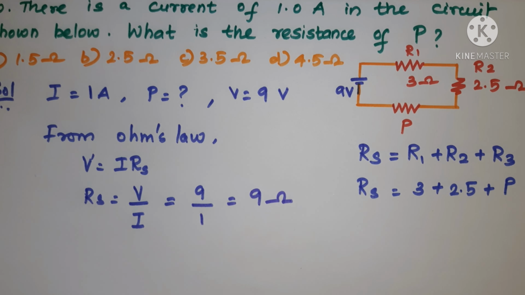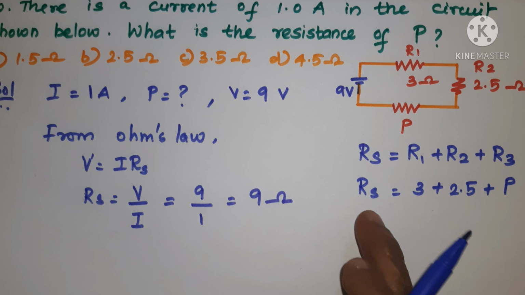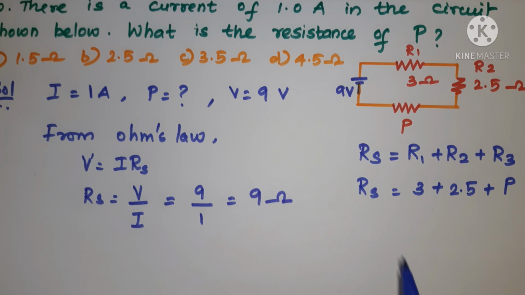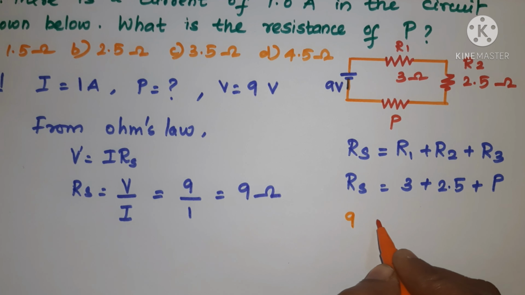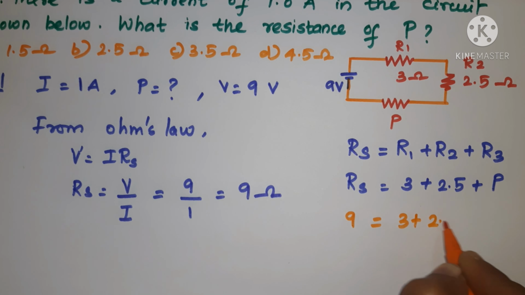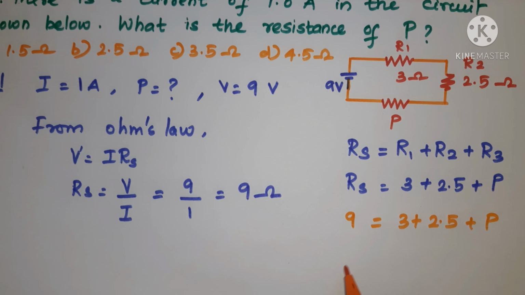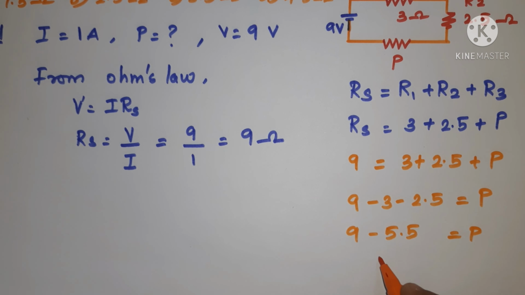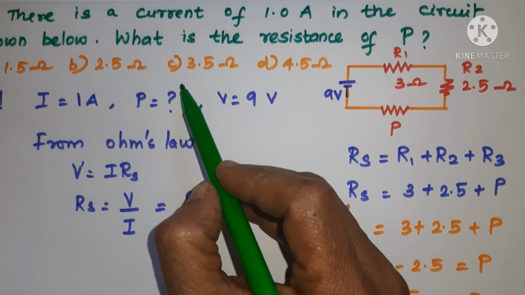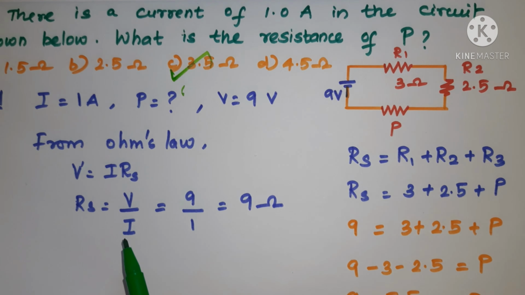This is 9 ohms. So we can substitute the value of this RS here. So we write 9 ohm is equal to 3 plus 2.5 plus P. So 9 minus 3 minus 2.5 is equal to that resistor P's resistance. Therefore, we can write P is equal to 3.5 ohms. Option C is the correct one, 3.5 ohms.